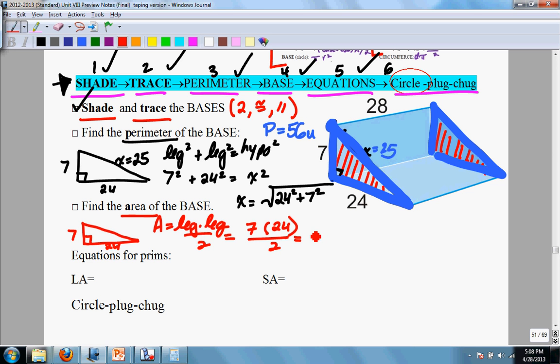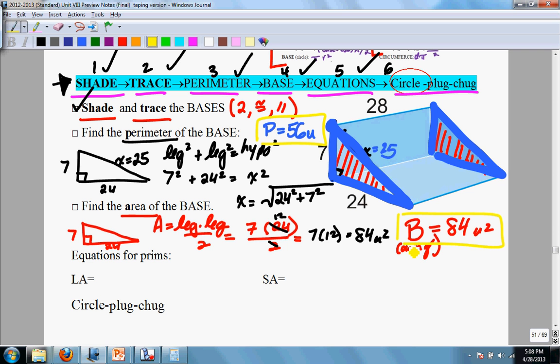We're going to end up with 7 times 12, that's 84 units squared. We write capital B, which means area of the base is 84 units squared. I would like you to box these answers. You're going to need them. There's your perimeter. There's your base.